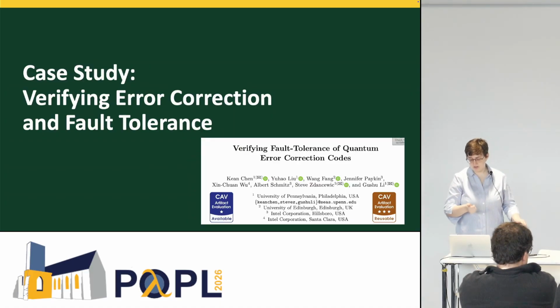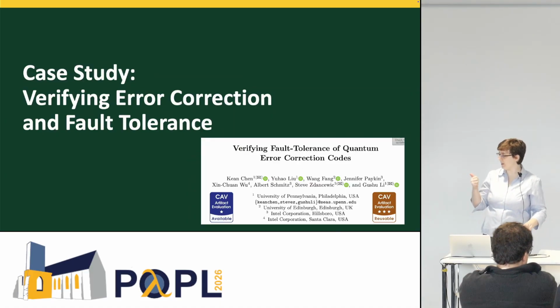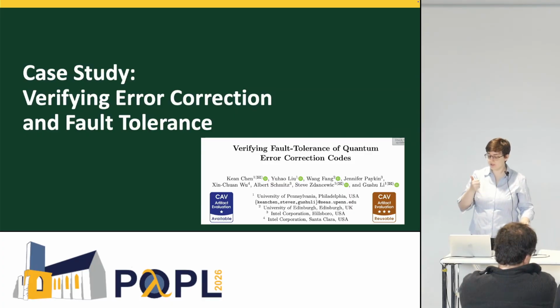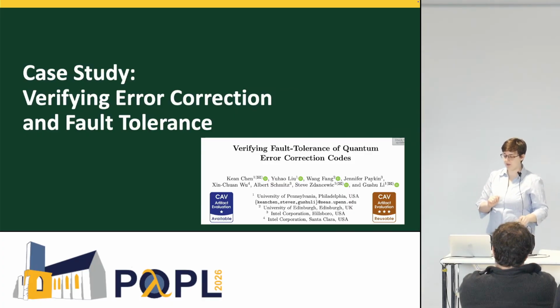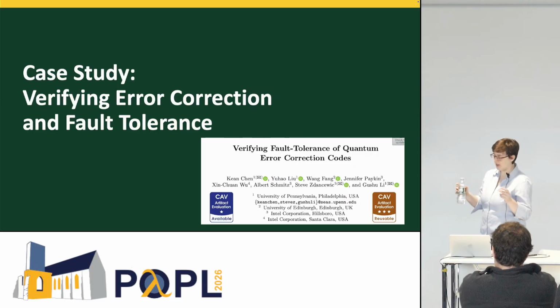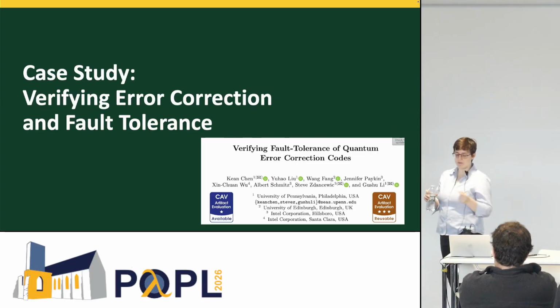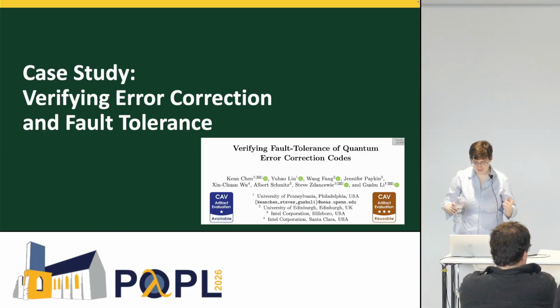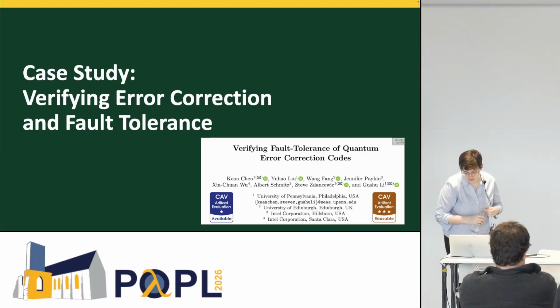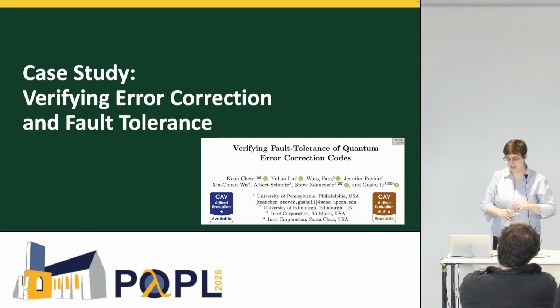Specifically, I'm going to talk about a paper that I contributed to, but was definitely not the primary contributor. Specifically, the primary authors, Qin Chen, Yuhao Liu, and Guxu Li at University of Pennsylvania.